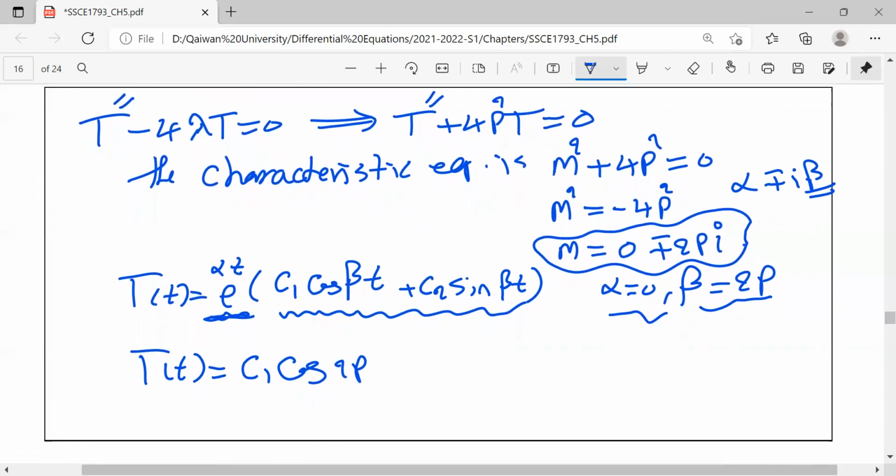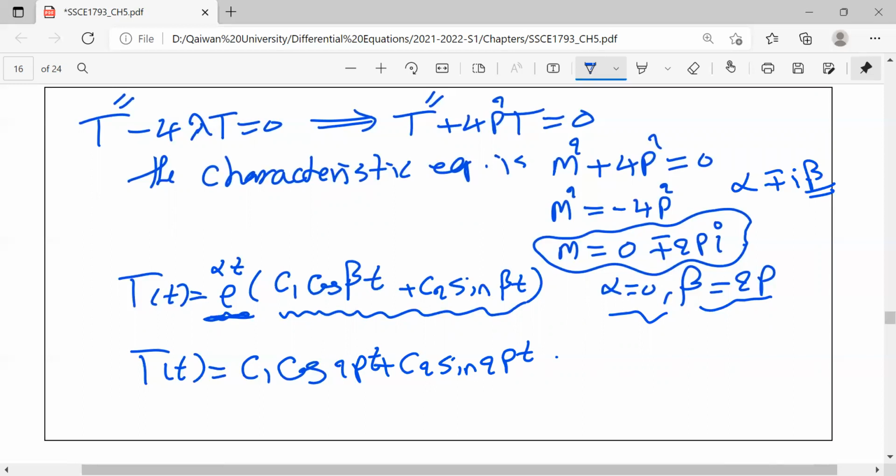This is the general solution for T of t.